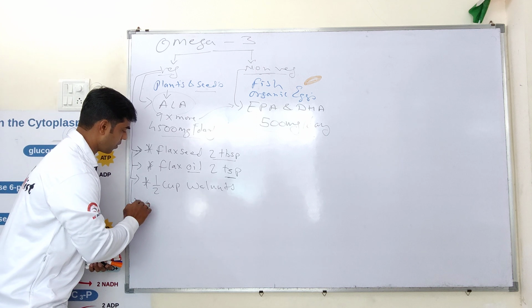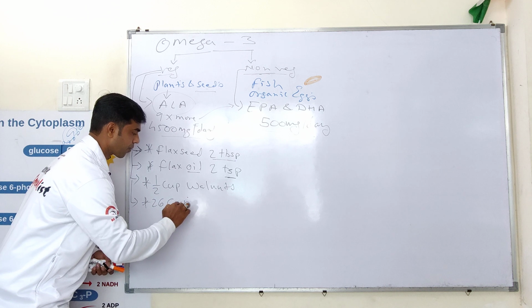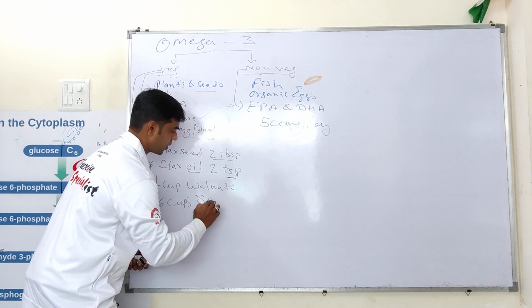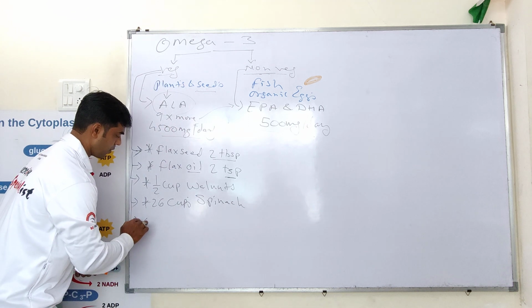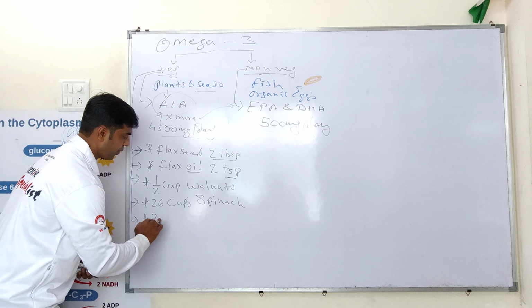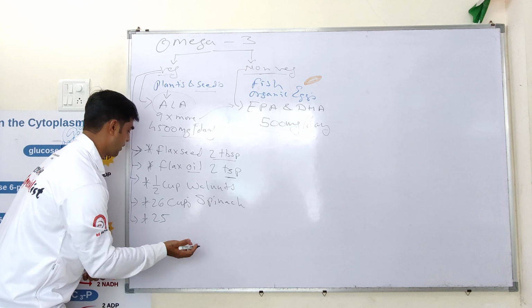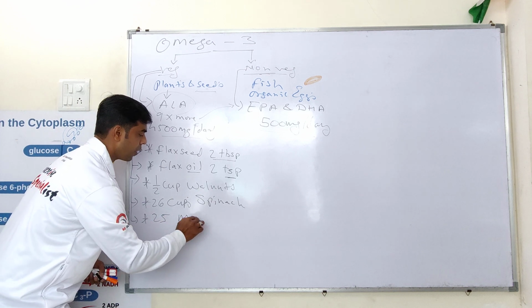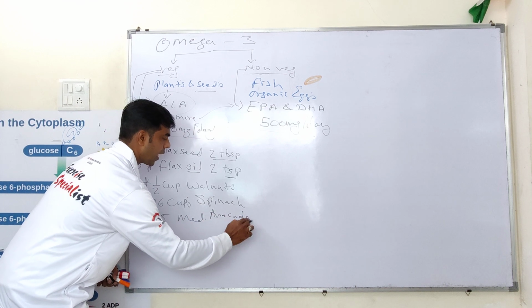then 26 cups spinach, or 25 to 27 medium avocados, right?